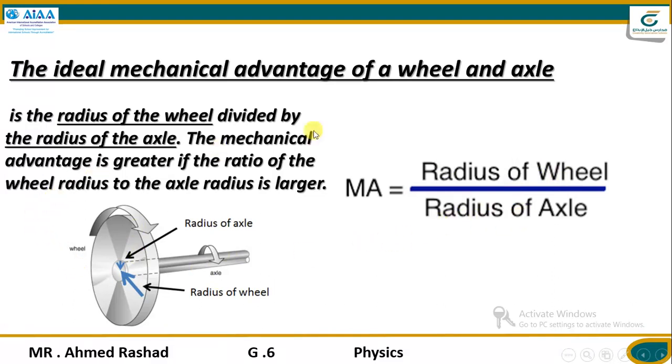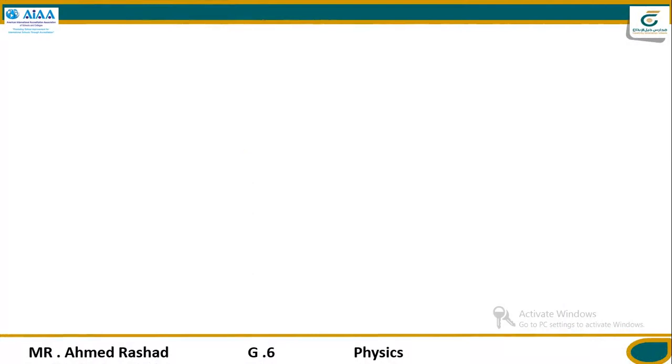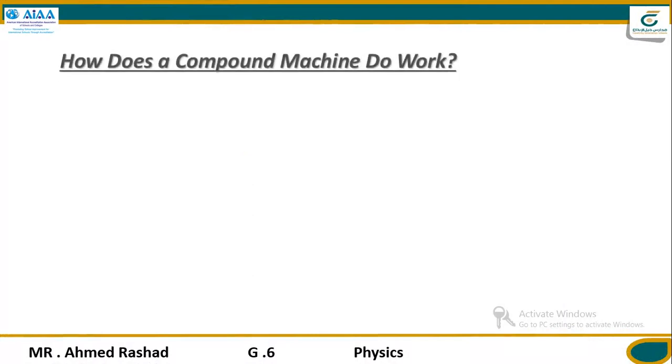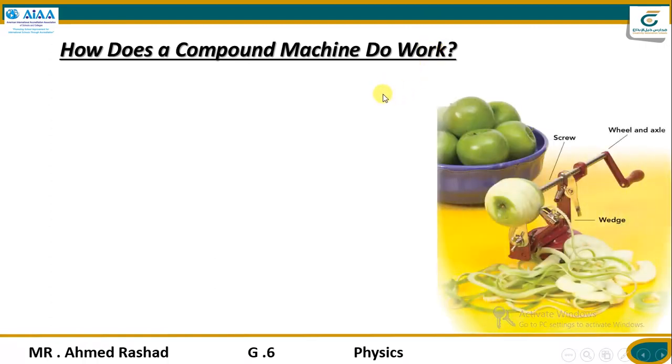Now we can go to point number 2 in our lesson today, which is about how compound machines, made by combining simple machines, work. Who can tell me what this device is called?